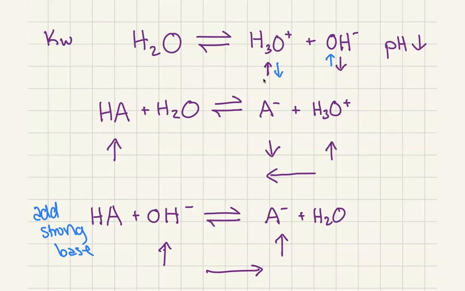And then when we added strong acid, we were increasing our H3O plus and decreasing our OH minus. And remember that when we're increasing the H3O plus, we're going to be decreasing our pH. And if we decrease our OH minus, well, then that water is going to have to re-equilibrate in order to compensate, because remember that water has its own equilibrium that it needs to reach as well.